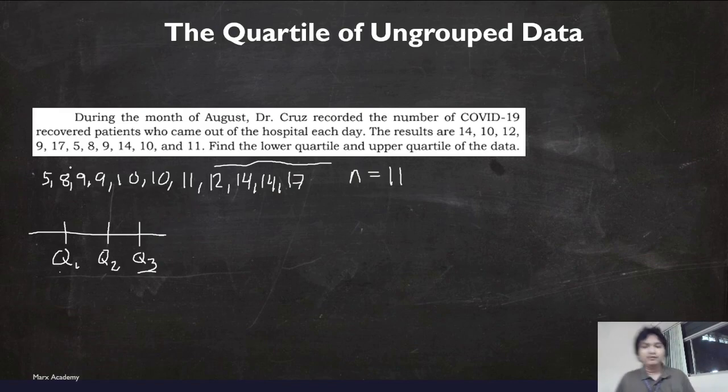Since we're going to find the lower quartile and the upper quartile, we have 11 sets of data, an odd number. Our quarter 2 of this data is located on the 6th position: 1, 2, 3, 4, 5, 6. So our quarter 2 is 10.